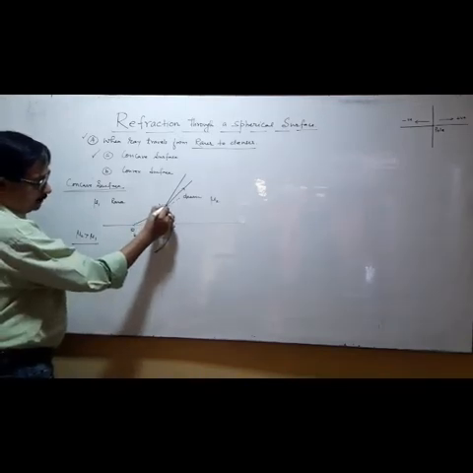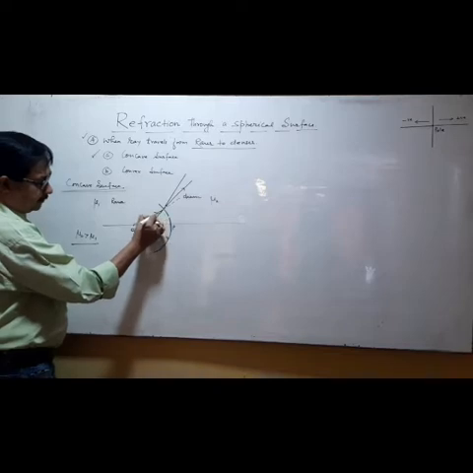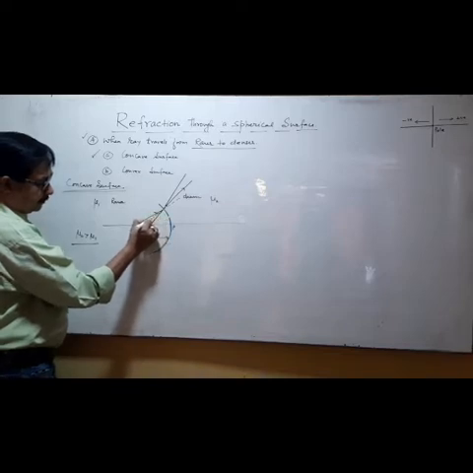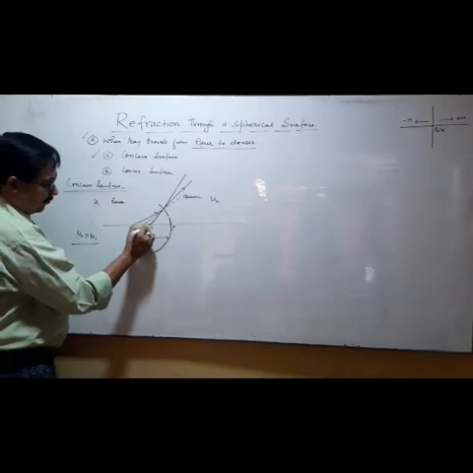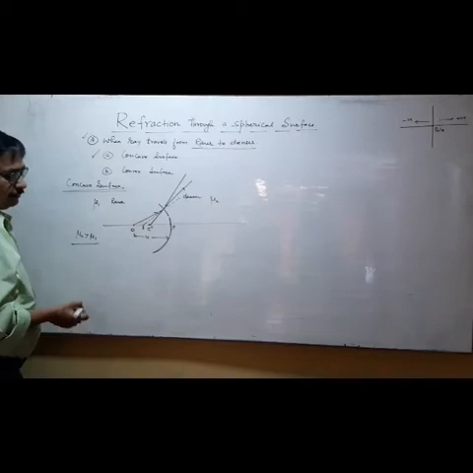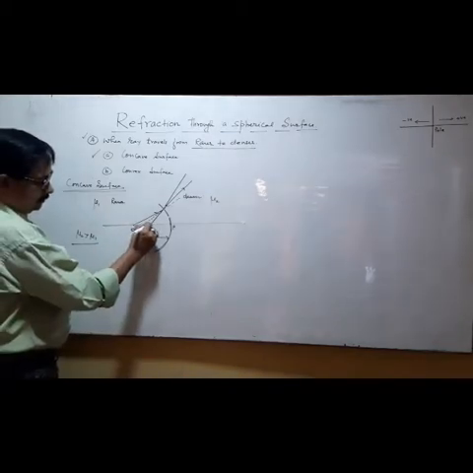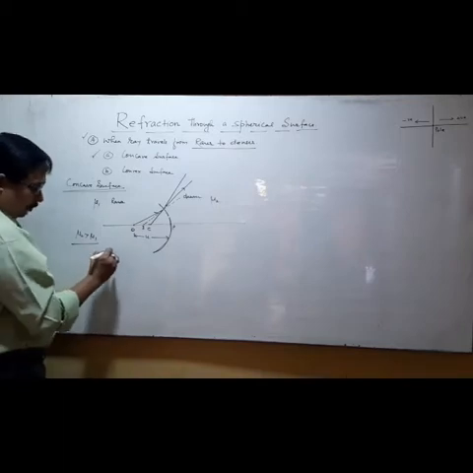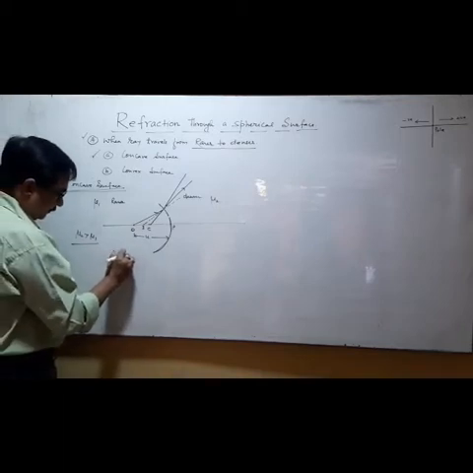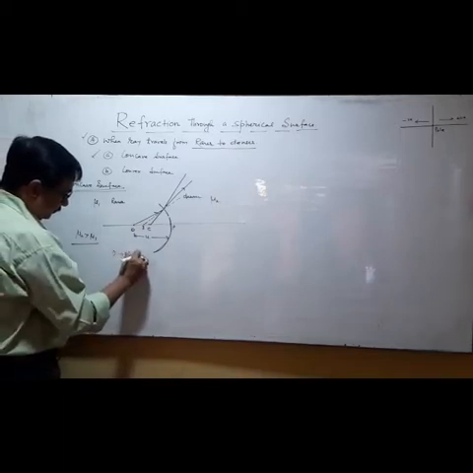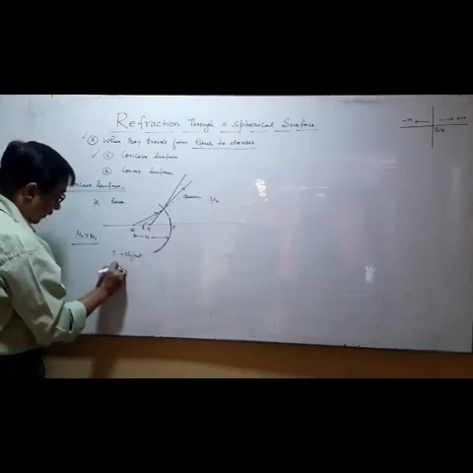If we draw this backward, then its virtual image is formed at one point. Right? So O is object, I is image.